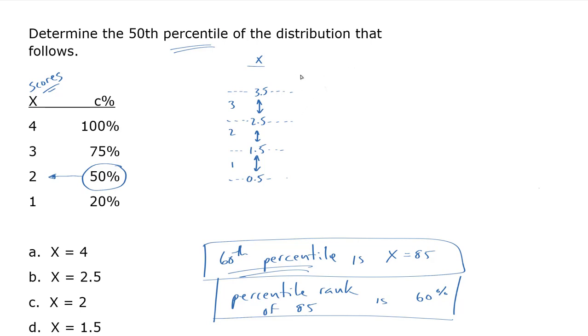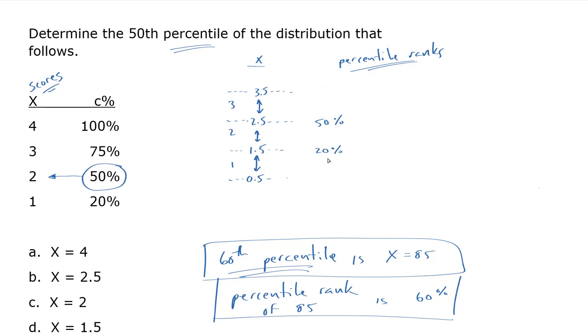Now, when I look at my percentile ranks, how do they fit with these? Well, the frequency distribution table is a little bit misleading the way that these are straight across here. What should actually be happening is this. The 20% belongs at the top of my first category. The 50% belongs, again, at the top.